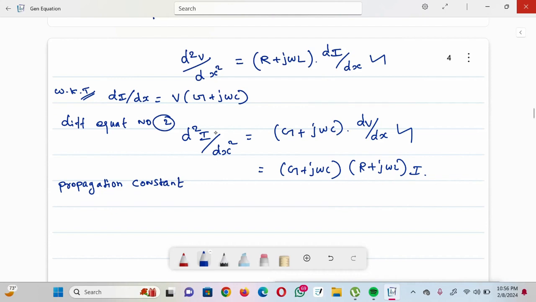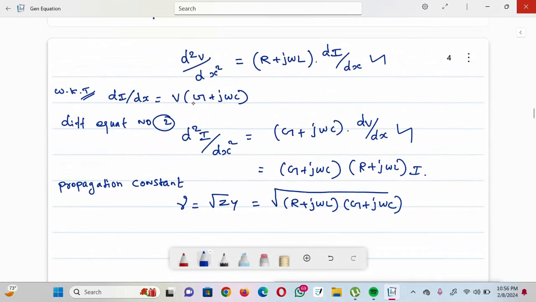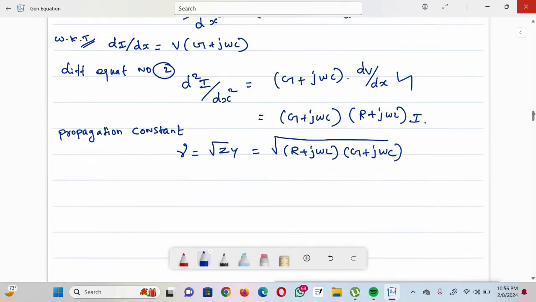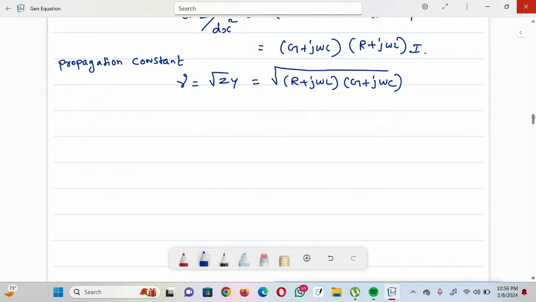Already we know that the propagation constant gamma equals root of Z and Y, that is root of (r plus j omega L) (G plus j omega C).